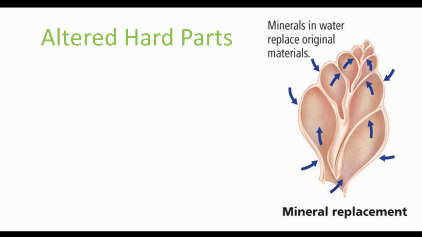Okay, now we are in the altered hard parts. When we have altered hard parts, this means that the original material of the hard parts has been replaced with new material.